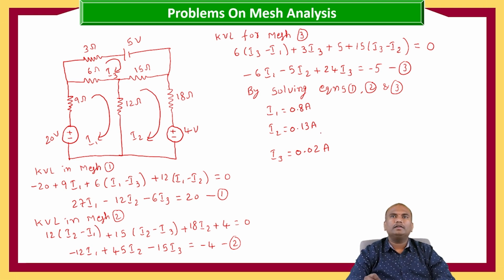Now we got the I1, I2, I3 values as 0.8, 0.13 and 0.02 amperes.